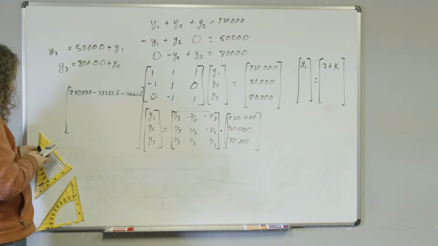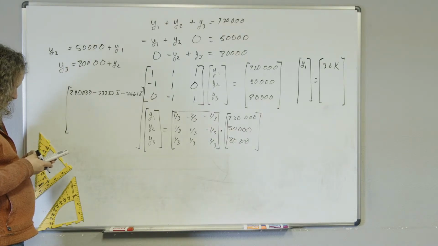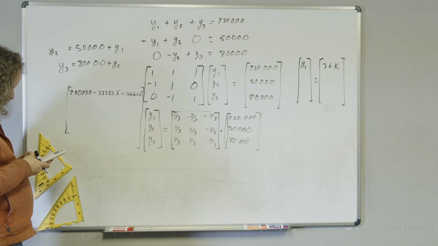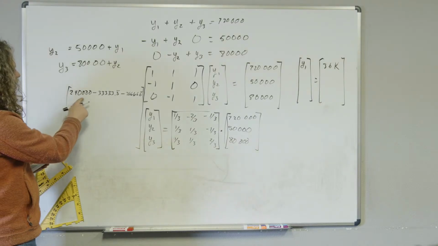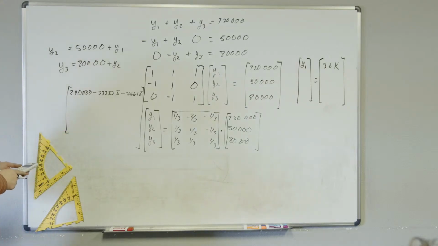A third of 50,000 is what? I did not get 36,000. How did you get 36,000? This minus this minus this is what I did. I got 180. You did? Me as well. That's what the calculator got. Well, let's see what I did wrong. What am I doing? 72.